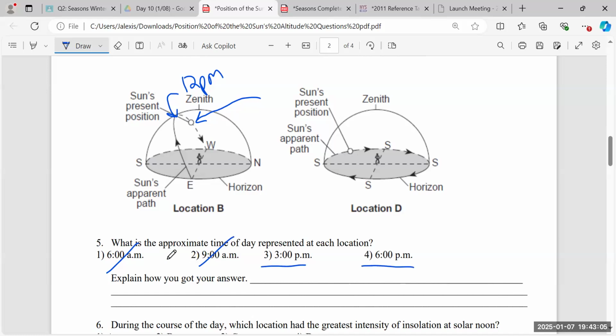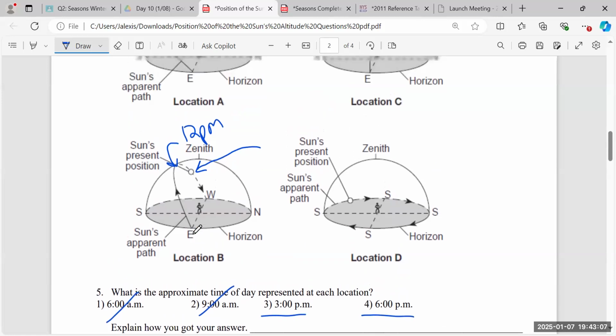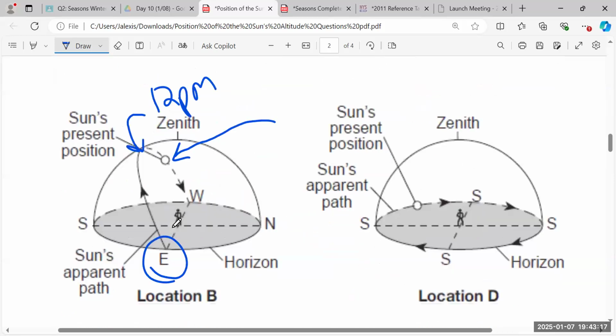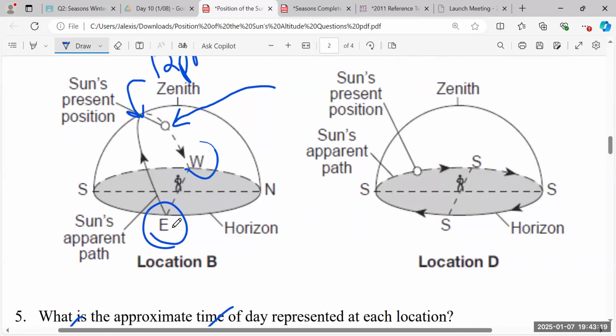You know what's interesting about this date? Anytime the sun rises directly east and sets directly west, what does that let me know?